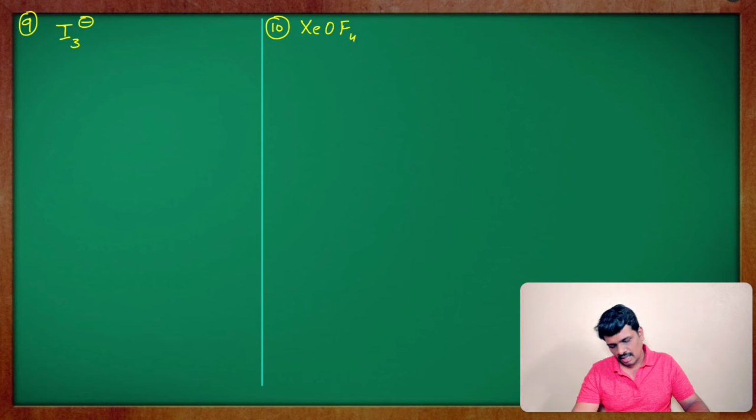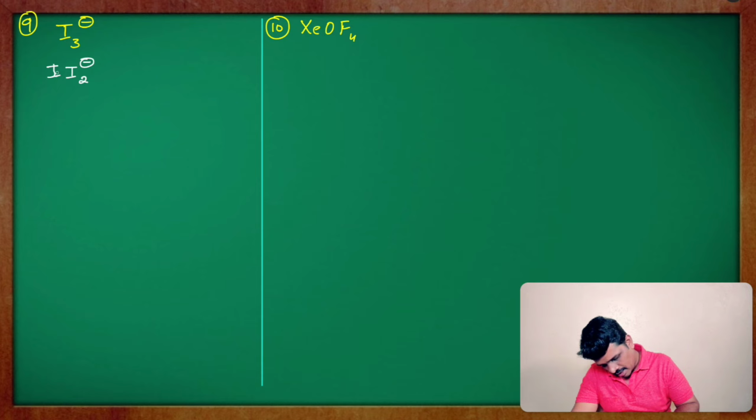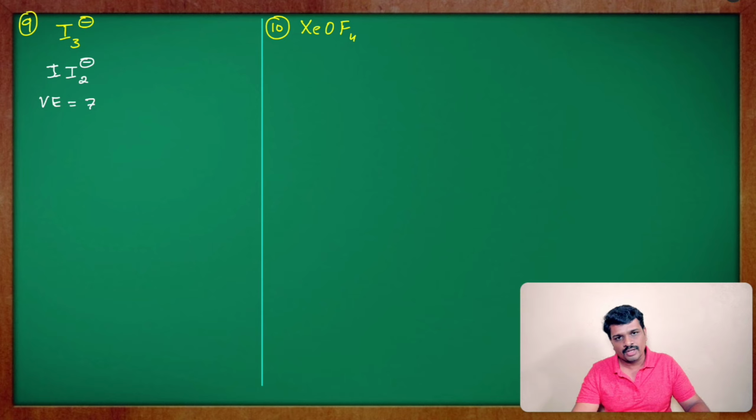The next example is I3 minus. I can write I3 minus as I2 minus with I. I will consider one of the I as central atom. So valence electron will be equal to 7 in case of iodine. Why? Because it belongs to halogen family. And is there any sigma bonds? Yes, there are 2 sigma bonds.